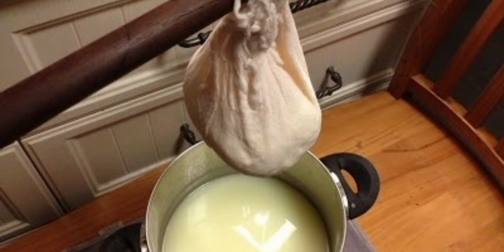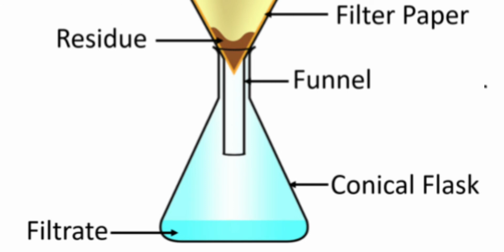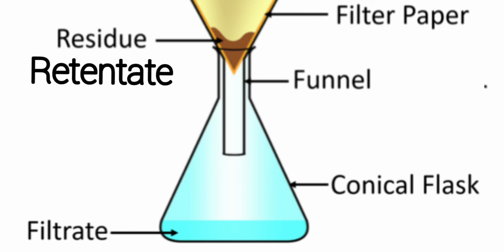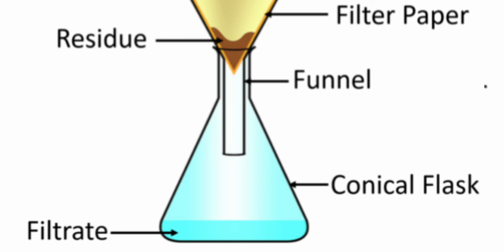Filter this thick slurry with the help of a cheesecloth or a cotton cloth. After filtration of the slurry, we get two fractions of the solution. One is the filtrate, which is the acid soluble fraction, and the other is the retentate, or the acid insoluble fraction. These two fractions can be subjected to other separation techniques, and we can get the desirable component from the other components.